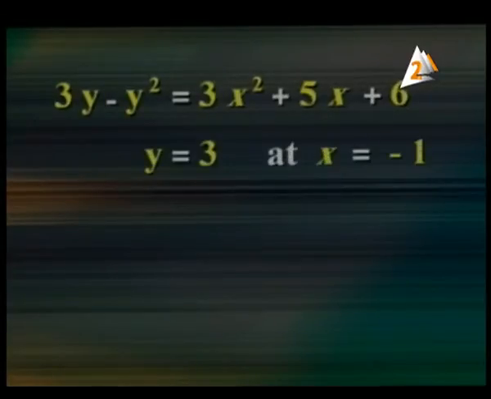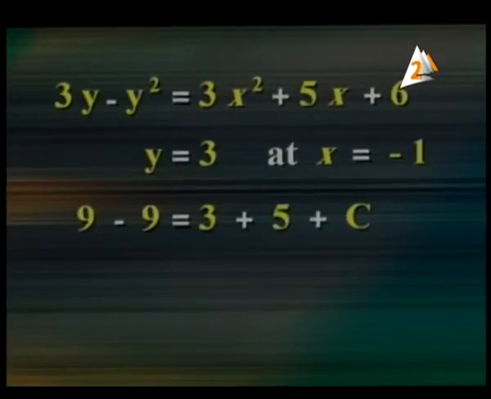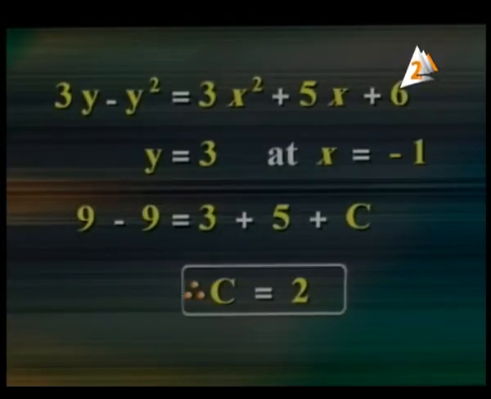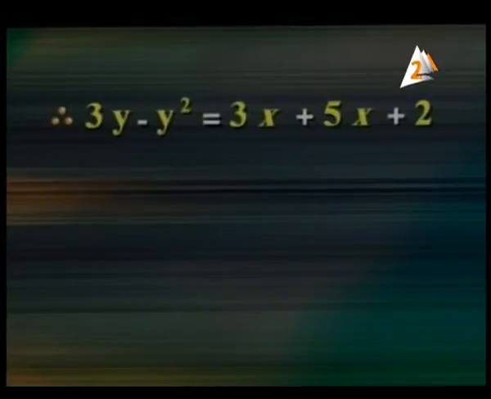Y equals 3, x equals negative 1. By substitution, to find the constant of integration: 9 minus 9 equals 3 minus 5 plus c. Therefore, c equals what? Equals 2. 3y minus y power 2 equals 3x squared plus 5x plus 2.